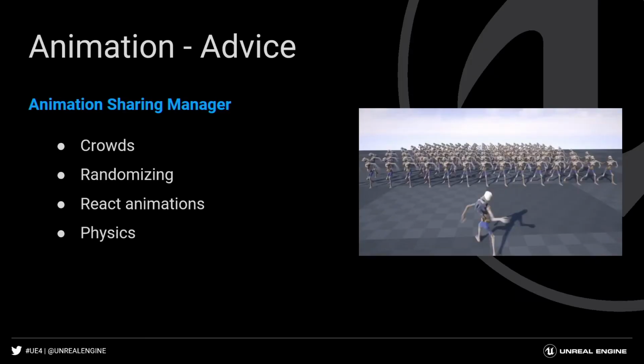And to wrap up, the animation sharing manager can, as I said, manage crowds, but you can randomize animations between those, so it's not as noticeable as you would think. You can add reaction animations on top of the animation that is being shared. So for example, if you're hitting one of those in the crowd, it will react nicely.